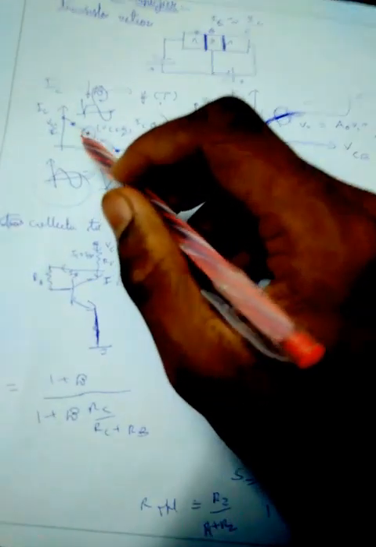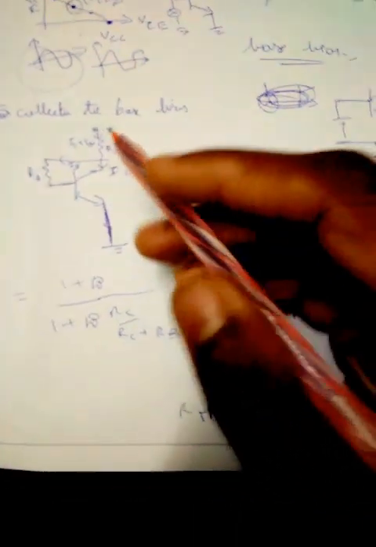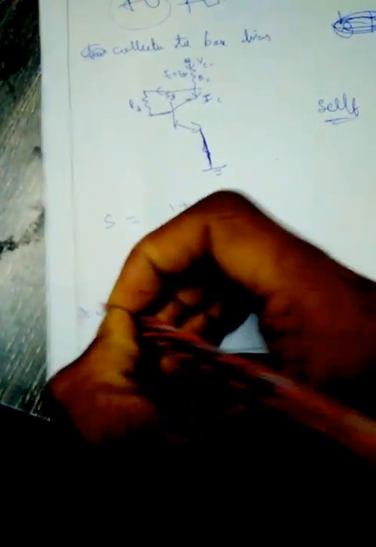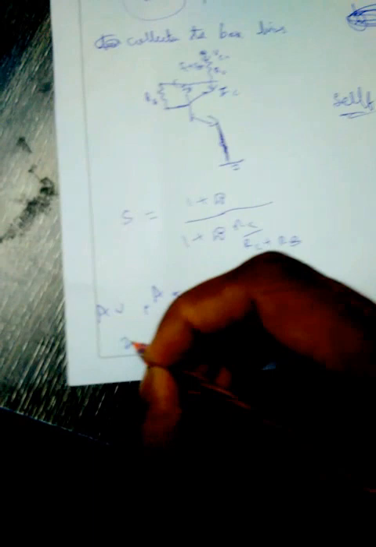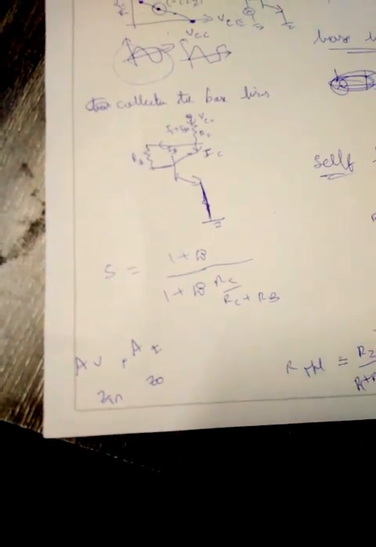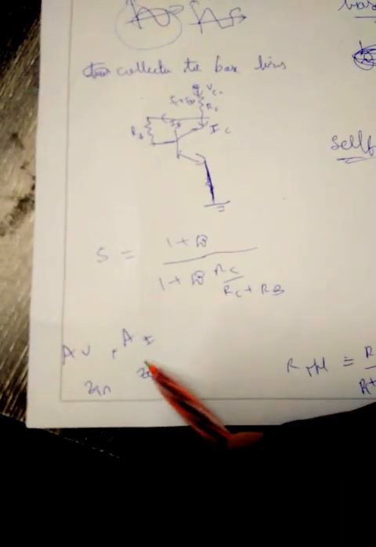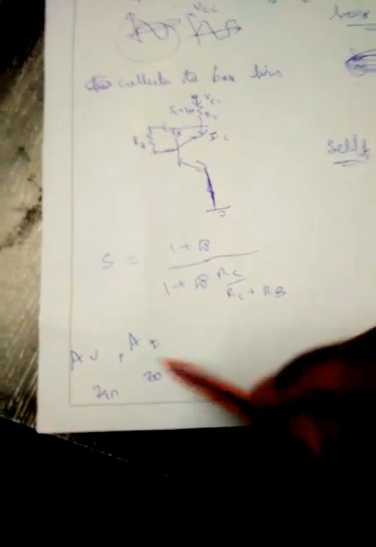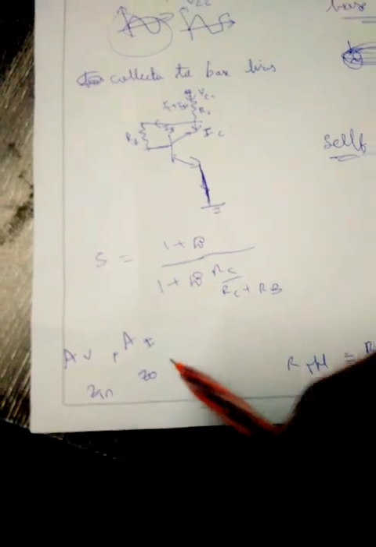Now for amplifying the signal, there are various parameters that need to be calculated, like voltage gain, current gain, input impedance, output impedance. These are all the AC circuit parameters that need to be calculated to attain the required specifications of our amplifier.